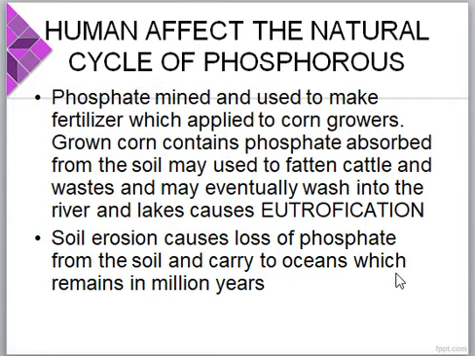The corn contains phosphate absorbed from the soil and may be used to fatten our cattle, and wastes of these fattened cattle may eventually wash into the rivers and cause eutrophication. Soil erosion causes loss of phosphate from the soil and carries it to oceans, where it remains for millions of years.